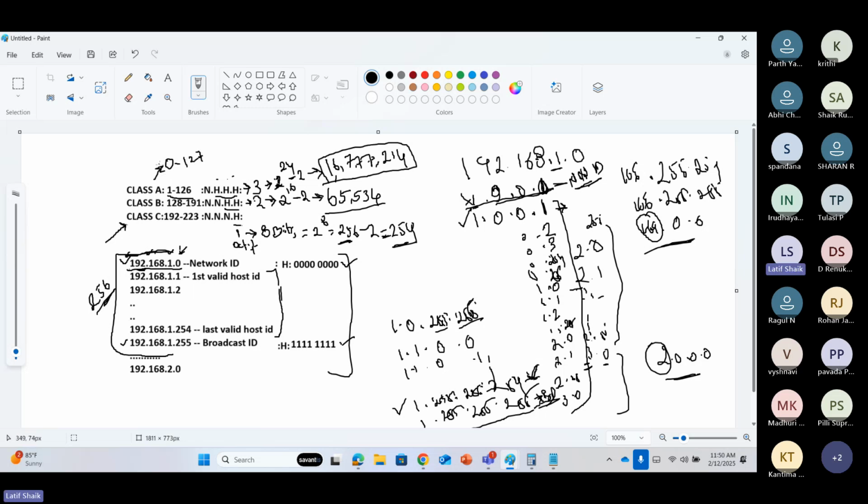As we can't assign the 0 series, meaning 0 dot anything, to any device, that's why I'm writing that we have to start from 1. The actual range is 0 to 127. I've written that one earlier.